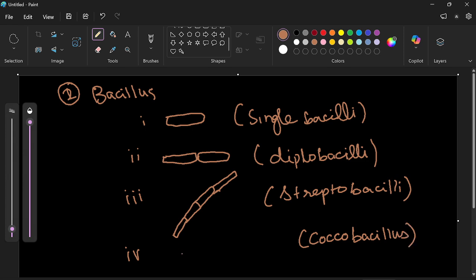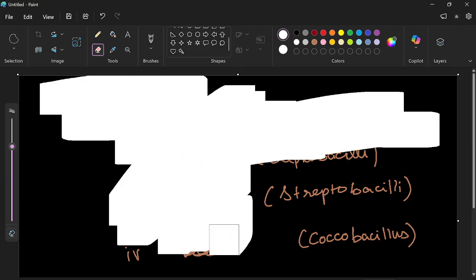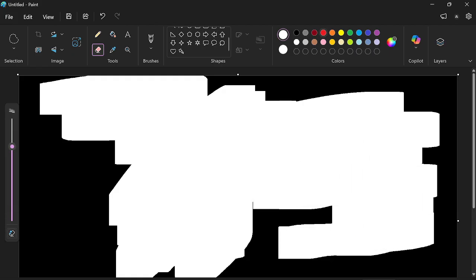So they look like that, a bit rod shaped as well, but circle formed as well. Okay, these are the cocobacillus. So these were all the arrangements possible for the bacillus shaped bacteria.